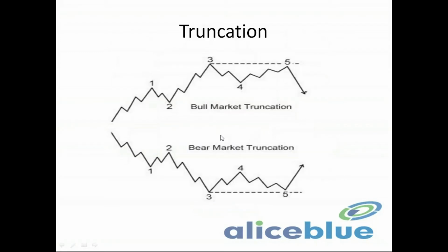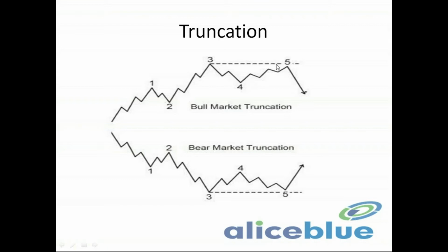another type of nuance in the impulsive wave: truncation. This happens when wave 5 isn't that strong and isn't able to pass wave 3. So wave 4 comes, then it goes up for wave 5 but isn't able to pass wave 3.